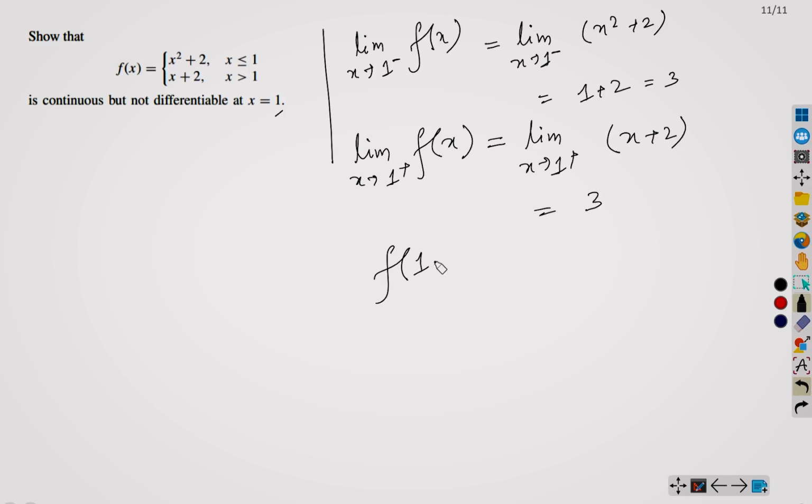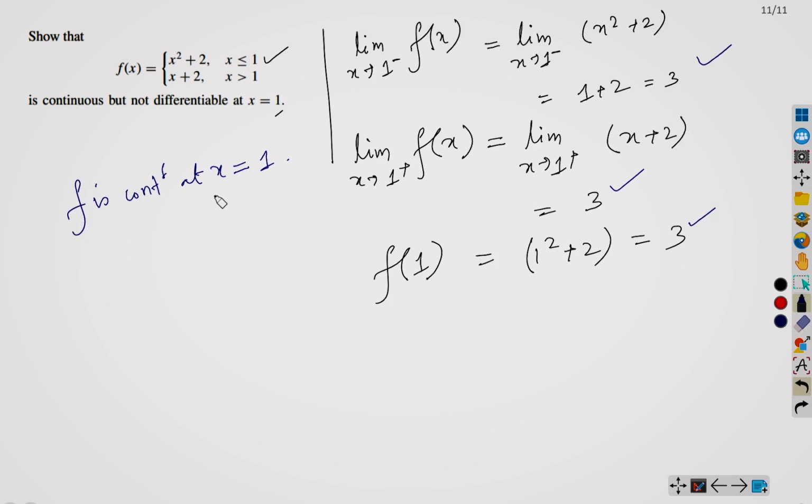And what is f of 1? We follow the definition, x less than or equal to 1, therefore x square plus 2, which is 3. See, the left hand limit, right hand limit and the value all exist and are equal. Therefore f is continuous at x equal 1.